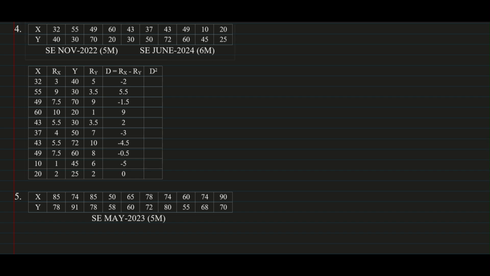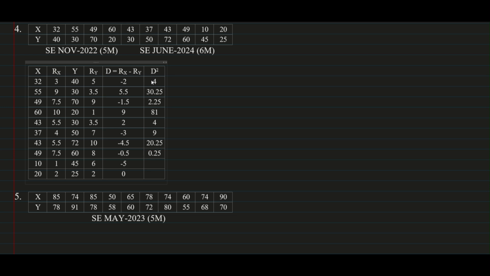Let's calculate the squares of these values. Minus 2 square is 4. 5.5 square is 30.25. Minus 1.5 square is 2.25. 9 square is 81. 2 square is 4. Minus 3 square is 9. Minus 4.5 square is 20.25. Minus 0.5 square is 0.25.